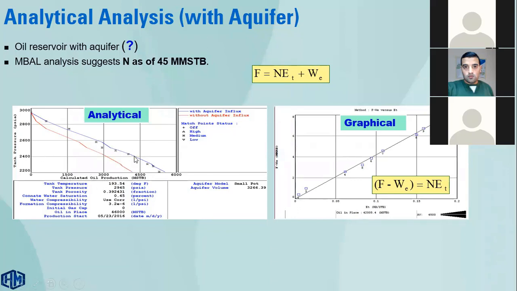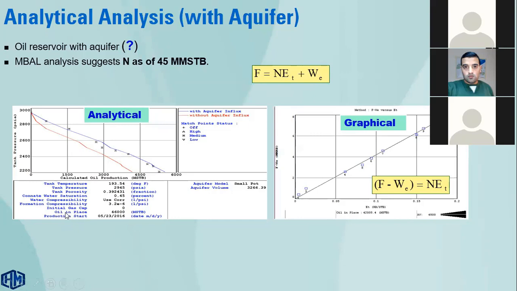We have two scenarios: with aquifer influx in blue and without aquifer influx in red. The data shows a good fit using the aquifer influx model.